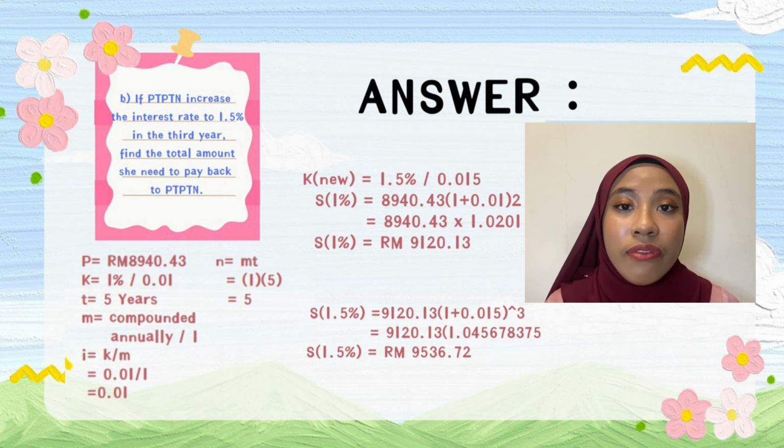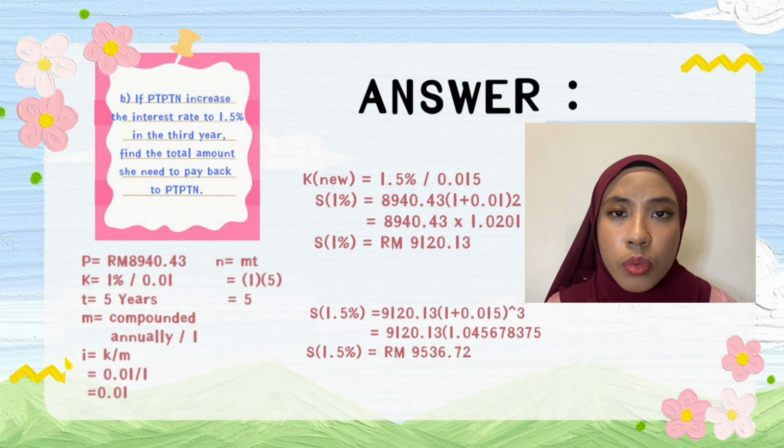Then K and M are 0.01 and compounded annually equals 1. Based on the formula I equals K over M, which is 0.01 over 1 equals 0.01. And then N equals the number of years she paid with that interest rate, which is 2.